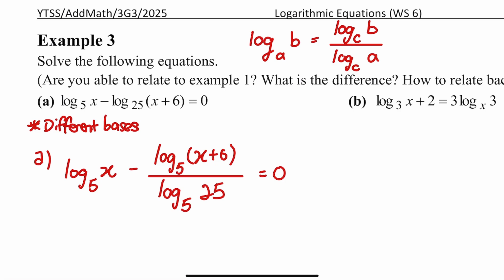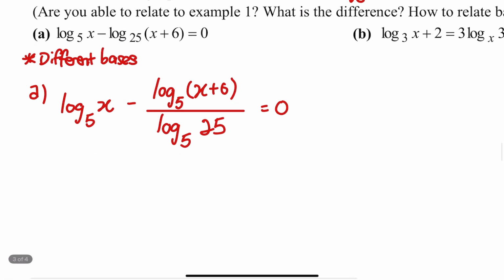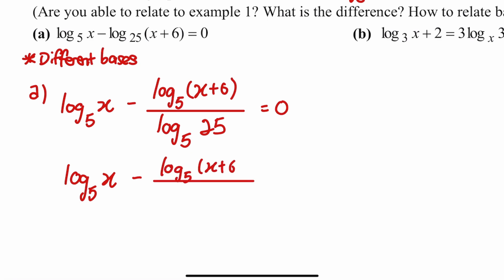I can now further simplify this. I will get log base 5 of x minus, note that log base 5 to get 25, the power must be 2. So this is simply log base 5 of x minus log base 5 of x plus 6 over 2 equals 0.